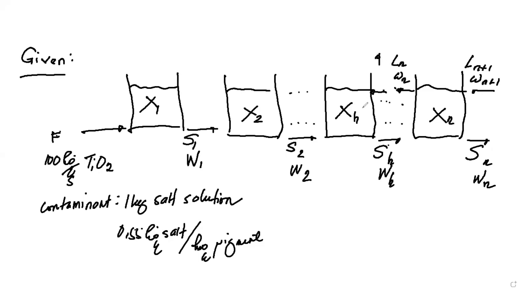What enters your H thickener in terms of the solvent is W sub H plus 1, and the solute is L sub H plus 1. So for the overflow from that thickener, it's small w sub H, and you have L sub H.